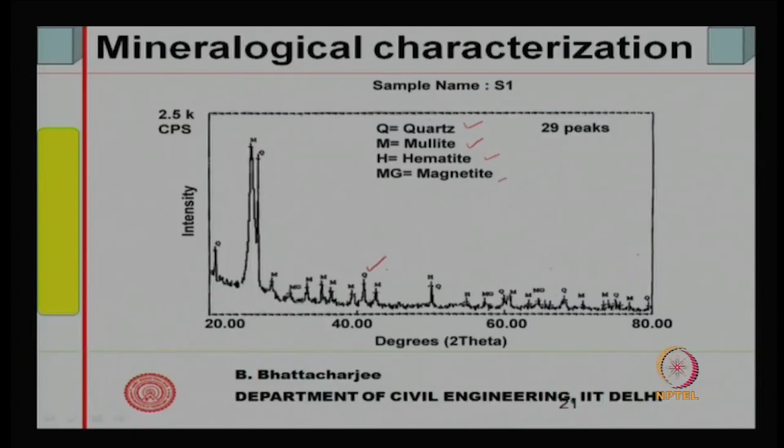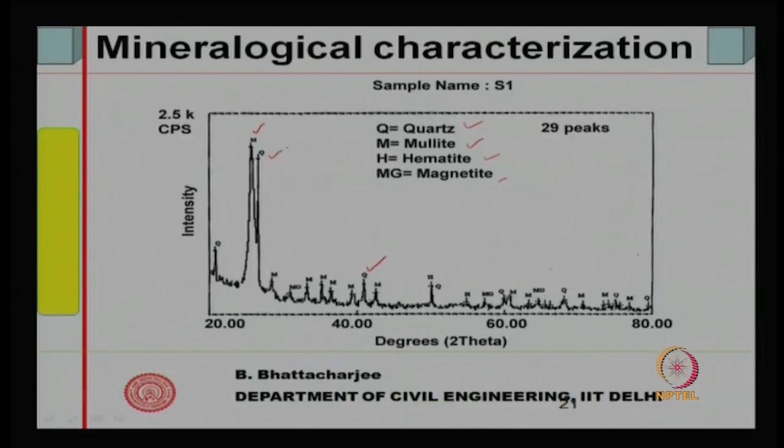In X-ray diffraction, what do you do? It can find out the crystal, because the angle 2 theta at which the X-ray is incident, where diffraction occurs from the crystal planes, is actually recorded, and this is the mullite peak, this is the quartz peak. So, you get quartz and mullite, these are the materials which are present in fly ashes.